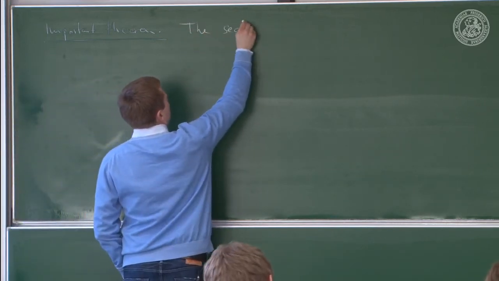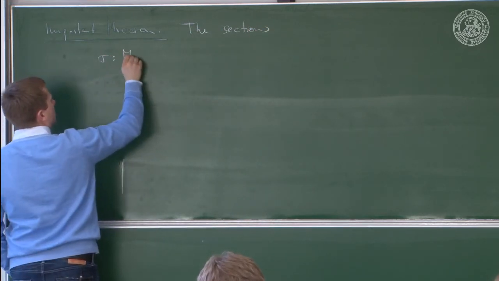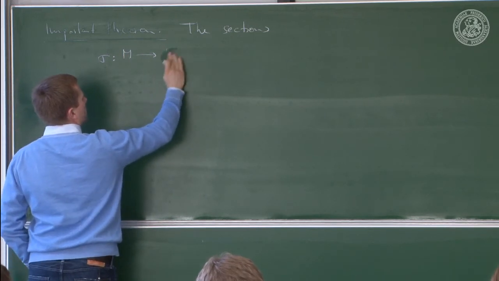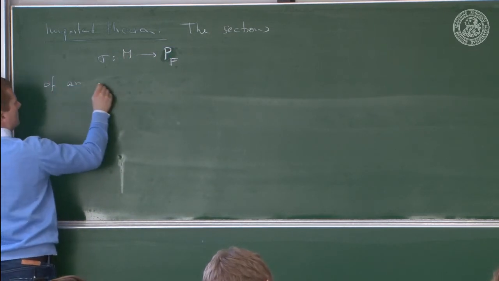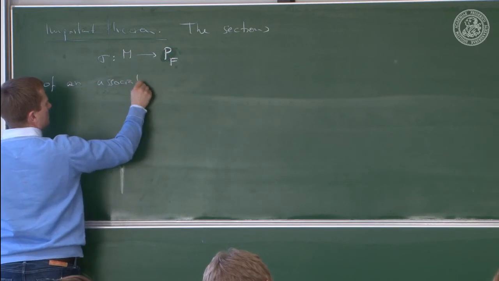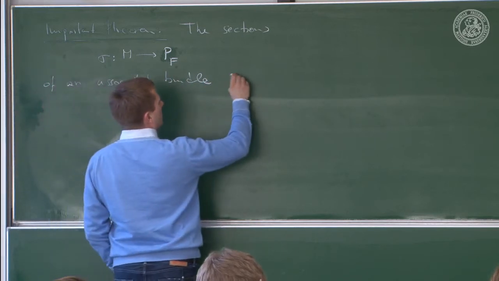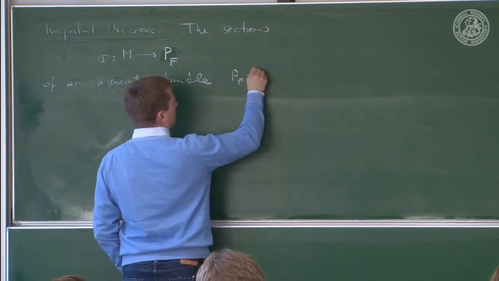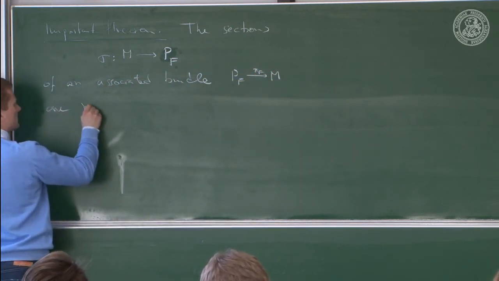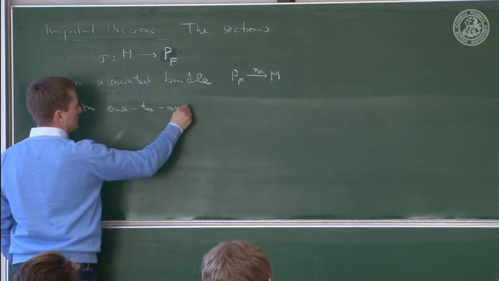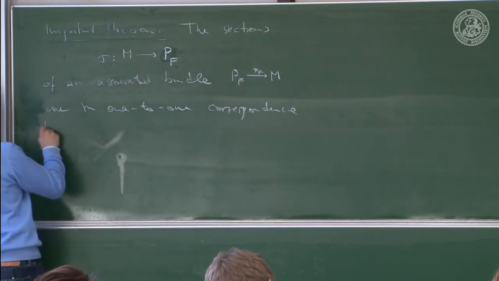The sections sigma from M to Pf of an associated bundle Pf, pi, Fm are in one-to-one correspondence to, and now it comes.